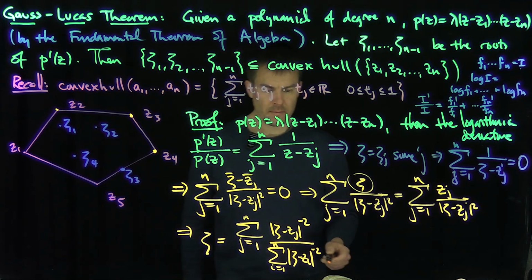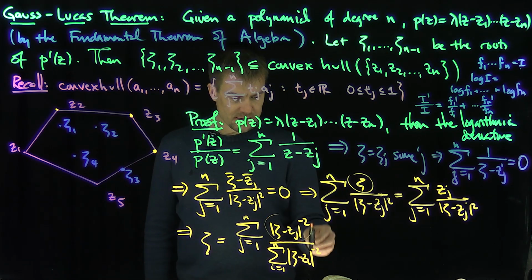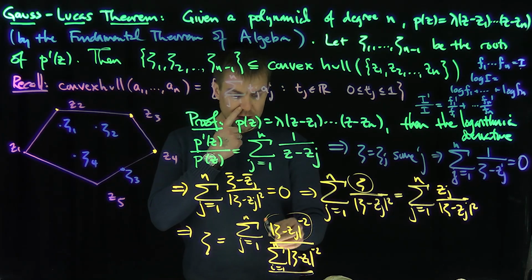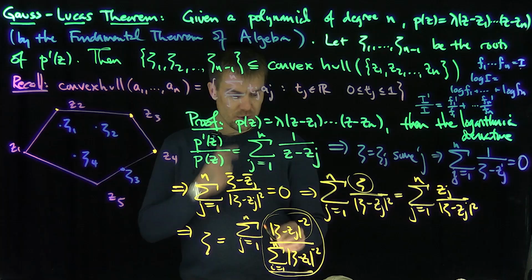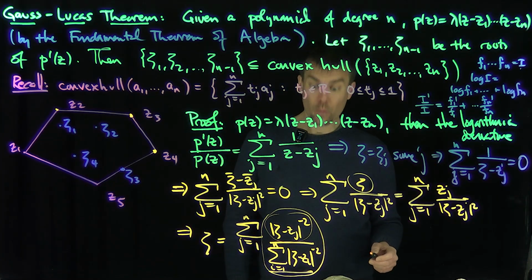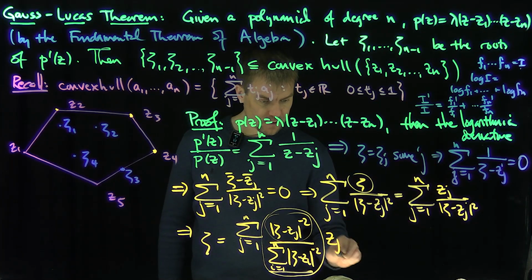Now, of course, this zeta minus zj to the negative 2 is one of these terms down over here. So this number is a real number, and that's less than 1, times zj.